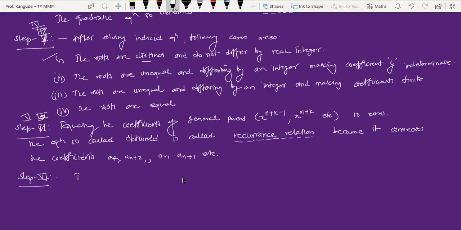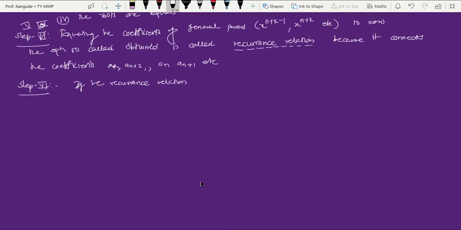If the recurrence relation connects an plus 2 and an, even with even, then if a0 is known, a2 can be determined.